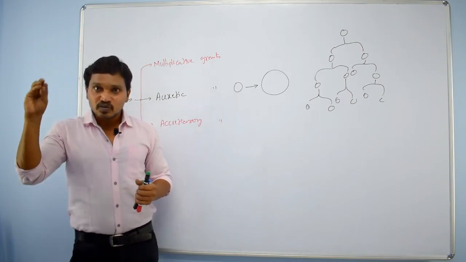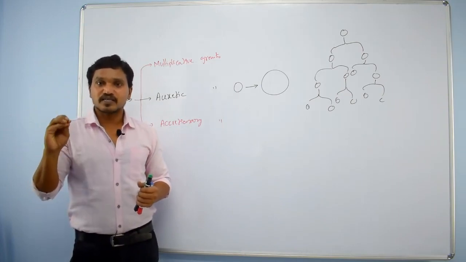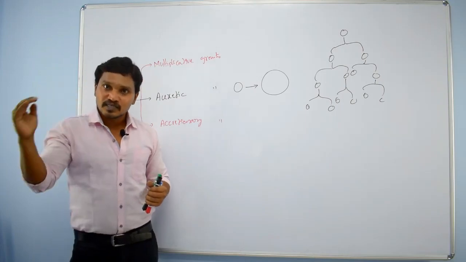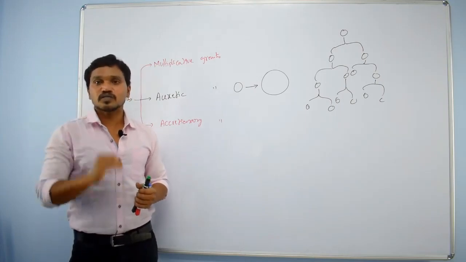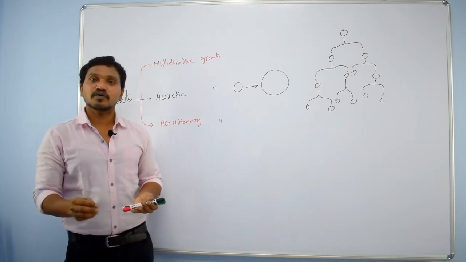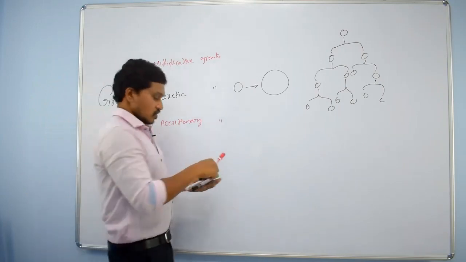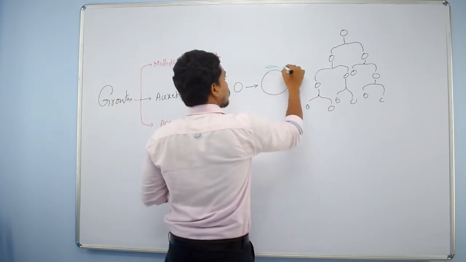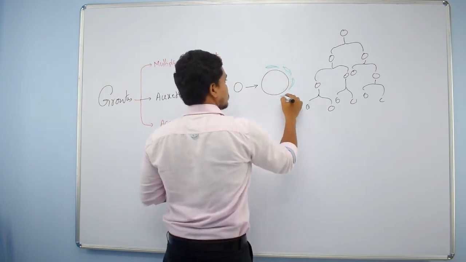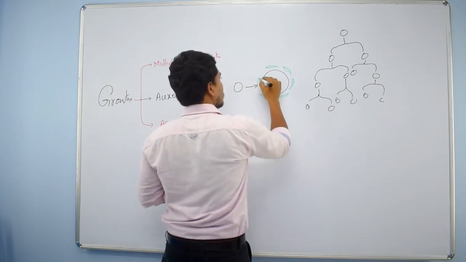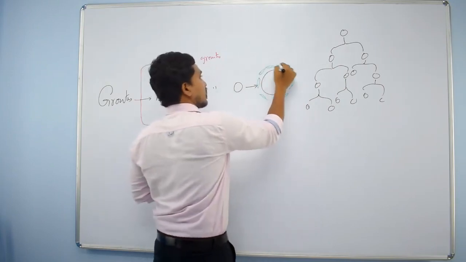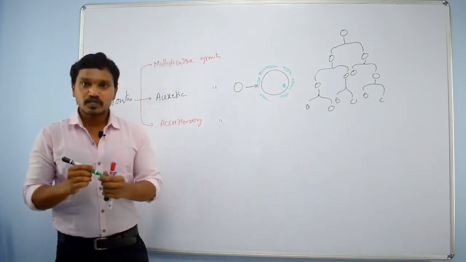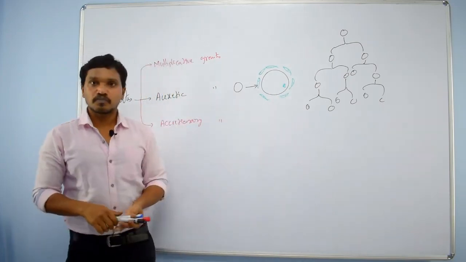So those types of cells are surrounded by some supporting cells. Those supporting cells, in case of oocyte, are follicular cells. You must be aware of this word, follicular cells. So these are follicular cells. These follicular cells give nutrition to this oocyte.